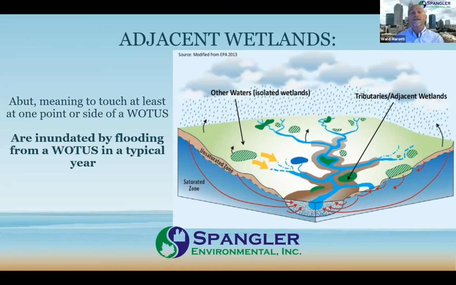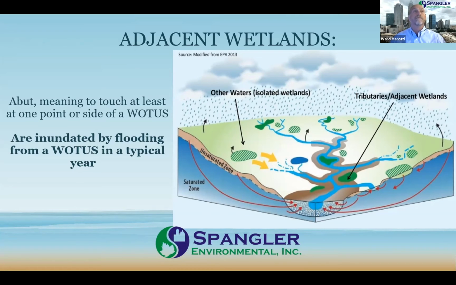Adjacent wetlands, to be jurisdictional, must be immediately abutting other waters of the United States, or they must be documentable that they're inundated annually, in a typical year anyway, by waters of the United States. A good example is a floodplain pool.